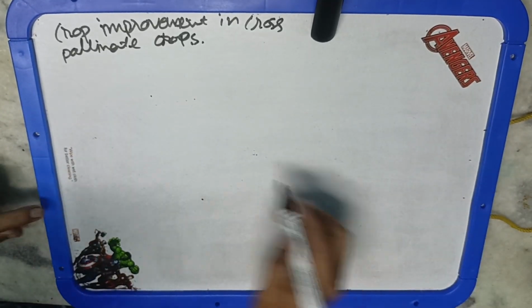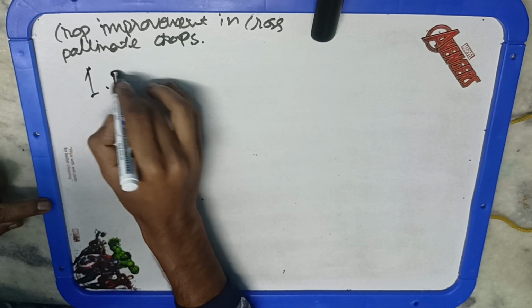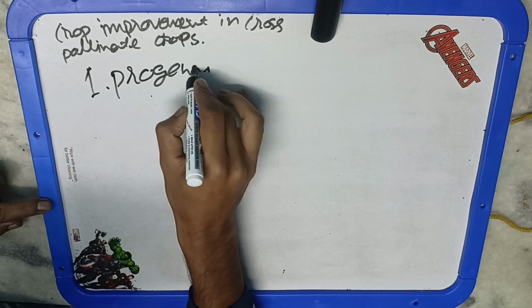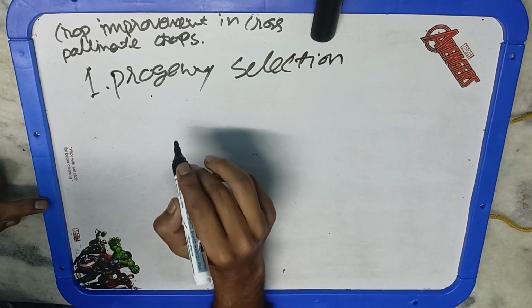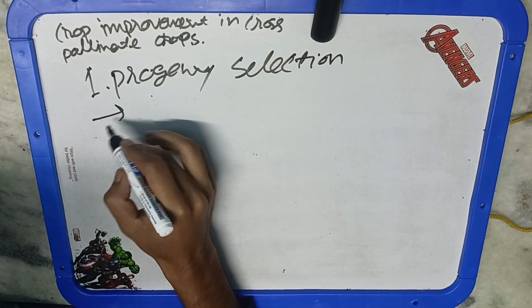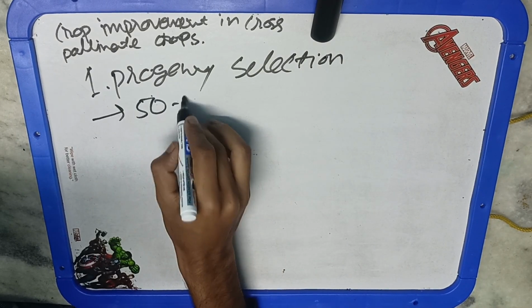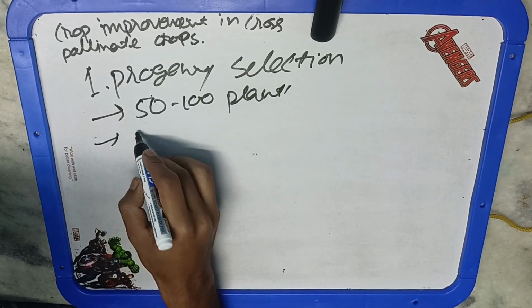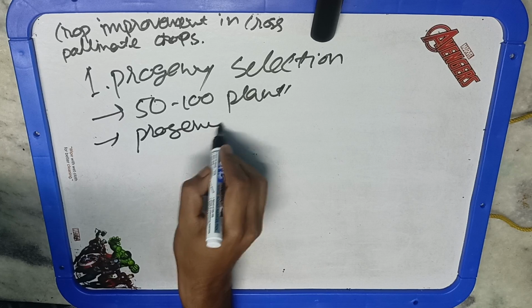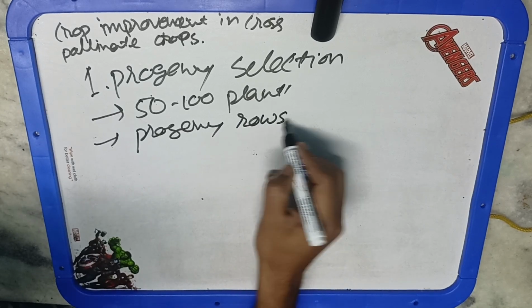They are allowed to open pollinate, because this is a cross-pollinated variety. Progeny rows are grown from the selected plants. So from each selected plant, progeny rows will be grown. They are evaluated for the desirable character, or the character in question for which the selection is done. From the superior progeny, several superior plants are selected based on the phenotypic character.